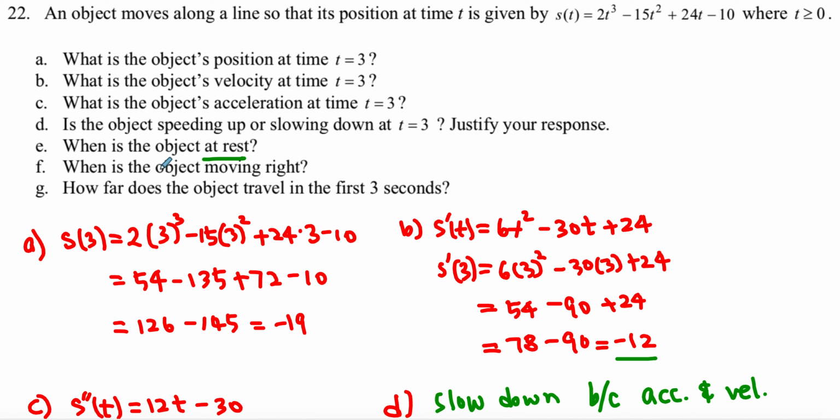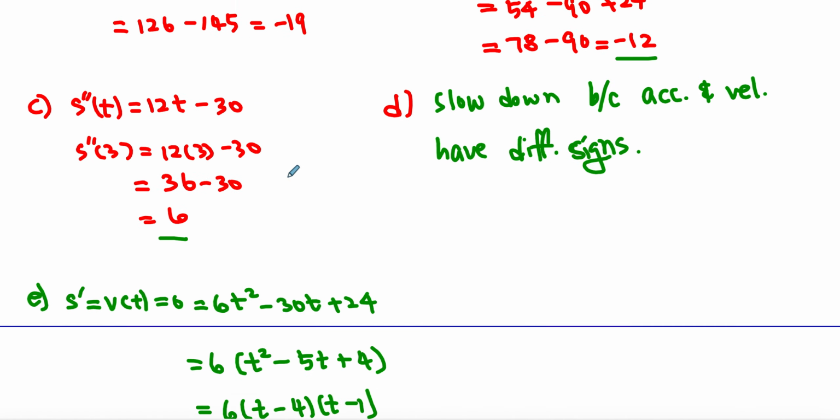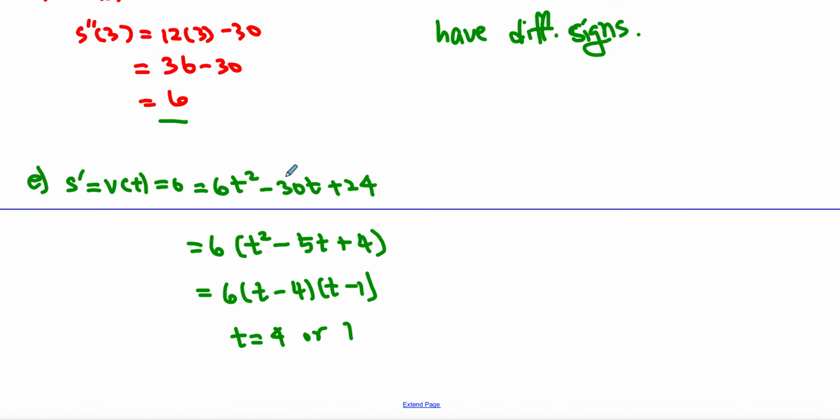So that's what we did. And then when is the object moving to the right? Moving to the right means velocity has to be positive, f. That means I'm going to set up the number line here. 1, 4, and then of course the starting point is 0 and up. So I'm going to check different values, plug that into velocity.